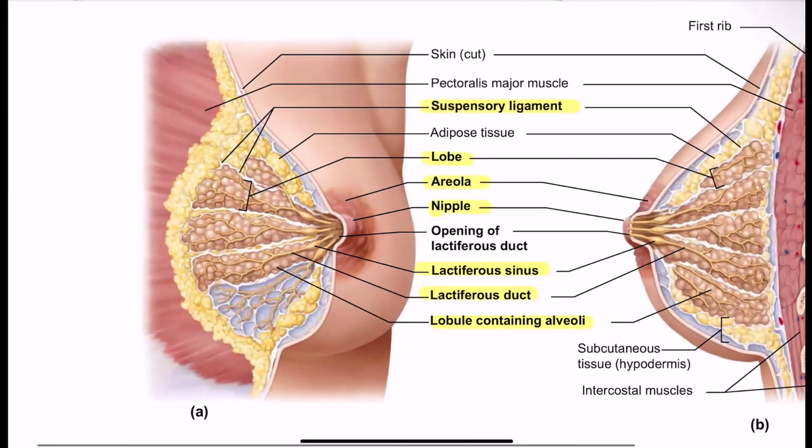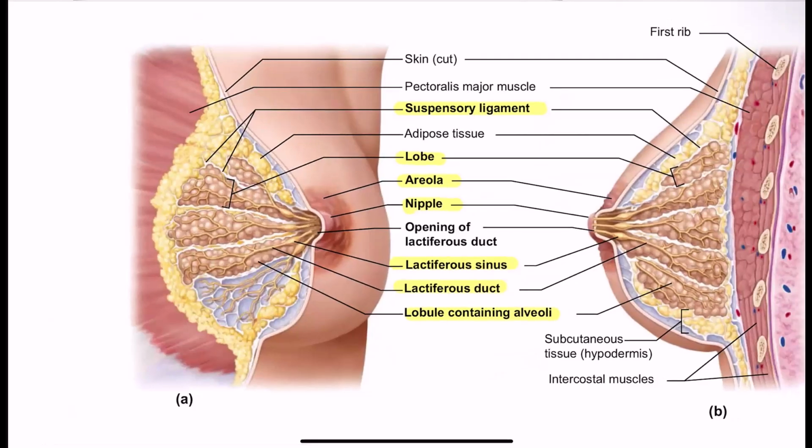And I want to make this really important note that we're looking at the structure of a lactating woman's breast. But when not lactating, these structures are very immature. They're very small, underdeveloped, so the breast tissue mostly consists of fat tissue in non-lactating women.